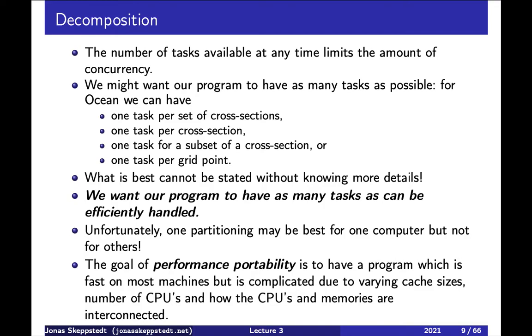But that is not at all certain. But one thing is certain: the number of tasks limits the amount of concurrency. For instance, in the actor version of the preflow push algorithm, we have one actor per node. That will give a huge number of tasks.